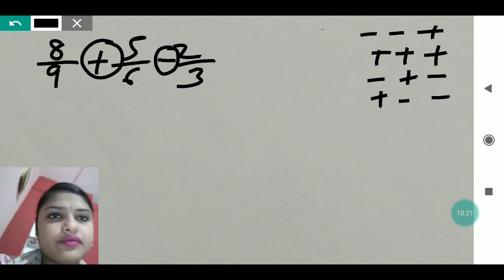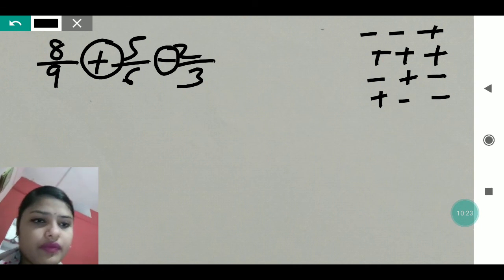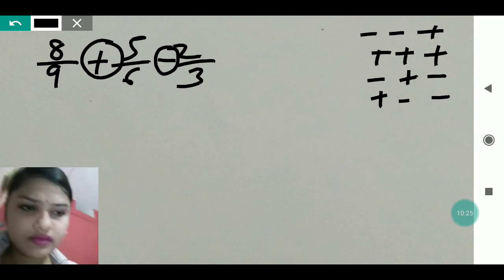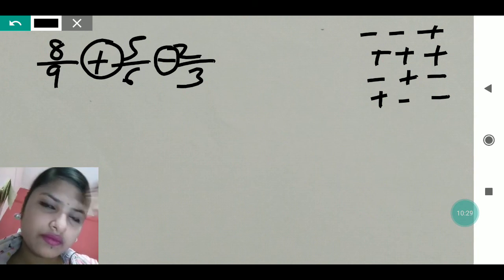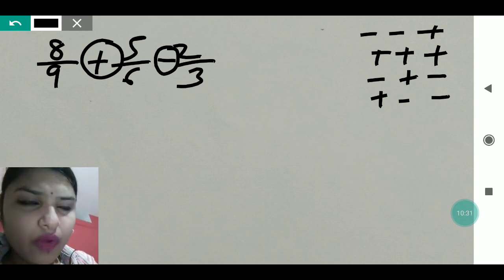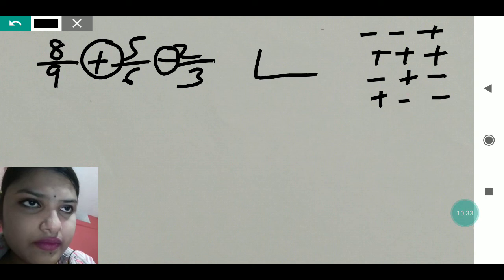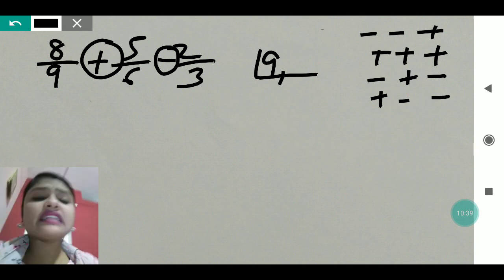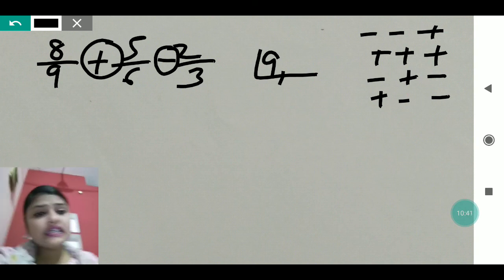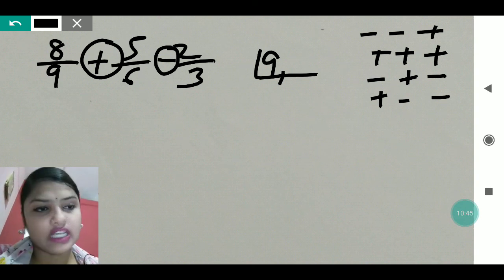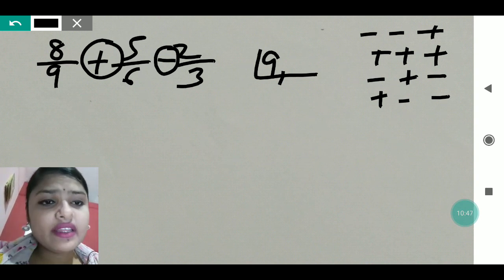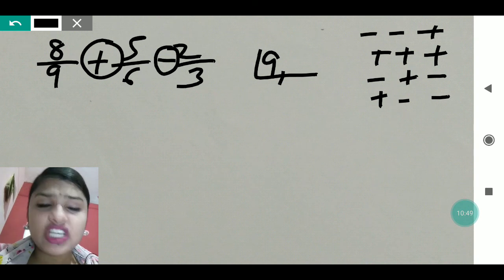Okay, just see. LCM of all. But here you have to find the LCM with prime factorization.